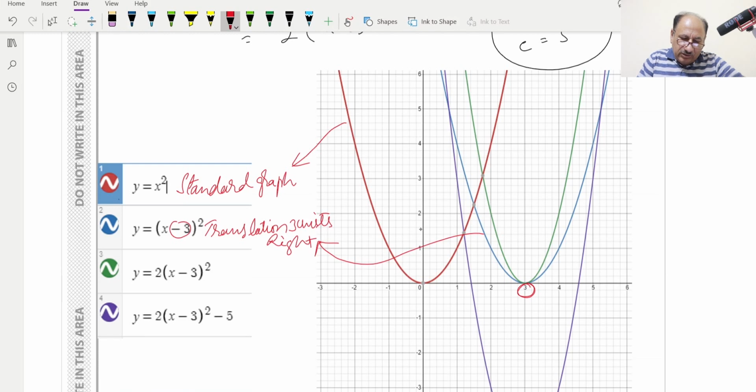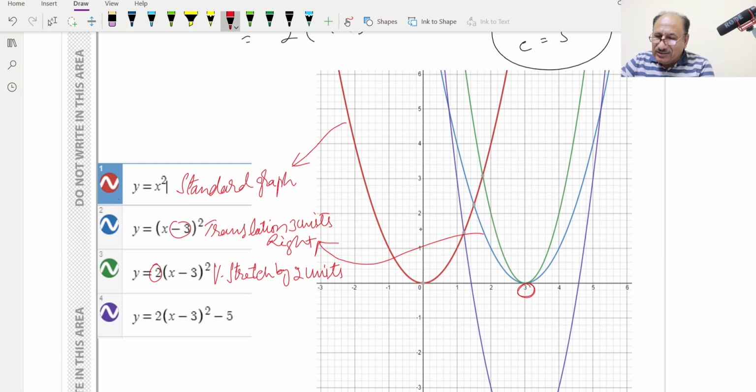Now after this one, we are multiplying it by 2. Multiplication means what? Vertical stretch. So vertical stretch by 2 units, because we are multiplying it by 2. So the next graph is this green one.